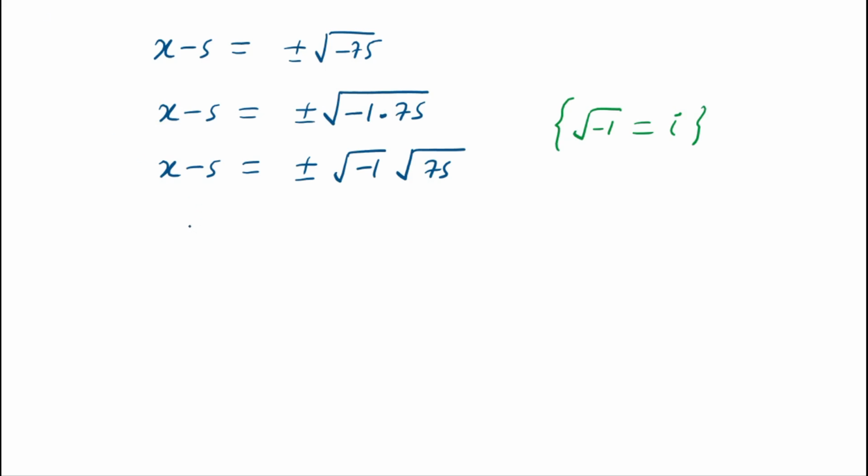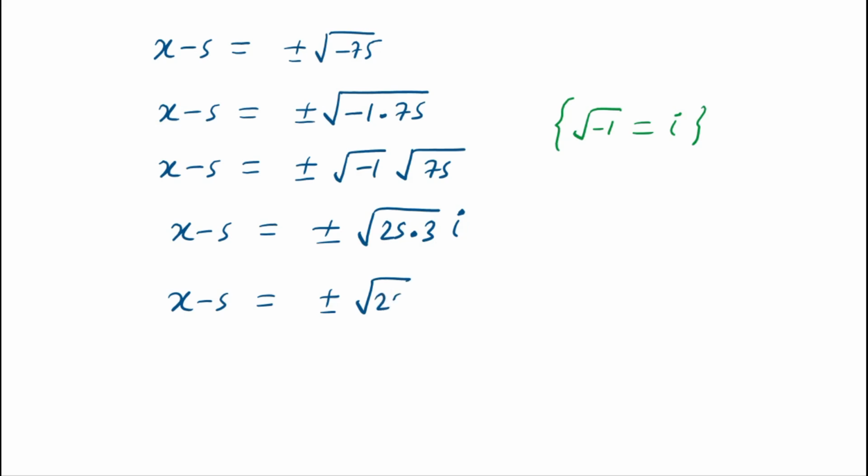Then x minus 5 equals plus minus square root of 75, which is the same as 25 times 3 times iota. This is the same as square root of 25 times square root of 3 times iota. The value of square root of 25 is 5, so x minus 5 equals plus minus 5 times square root of 3 times iota.